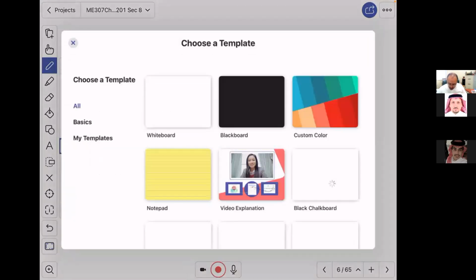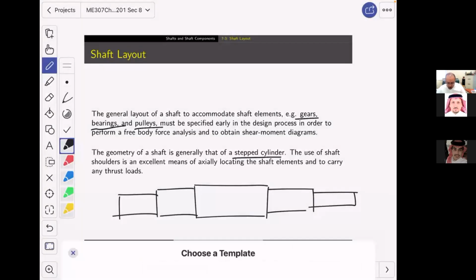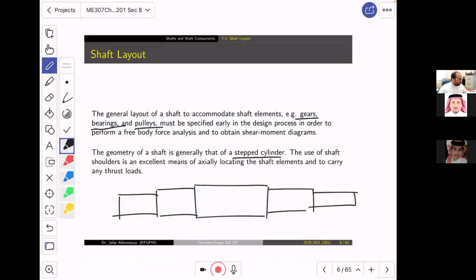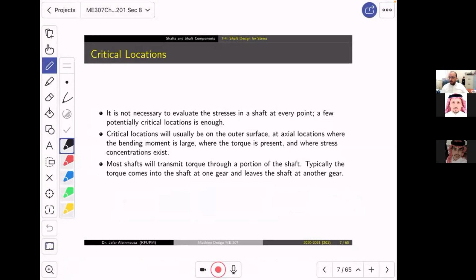Oh, sorry, Shabab. So now what you should understand is that it is not necessary to analyze every single point in terms of stresses for the shaft. Because as I said, and I'm still saying it, you actually have an infinite number of points.